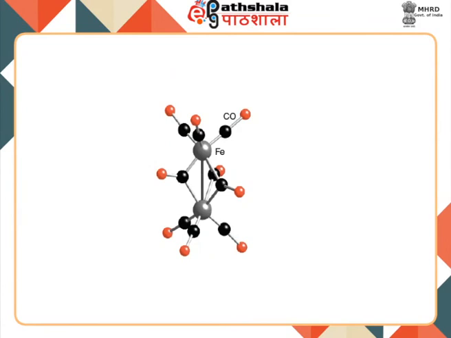And now we can look at the structure and understand how we have seen the formation of bonds. This and this, these are the 2 iron atoms, and you can see that this is the bond between the 2 iron atoms, which is the sigma bond. And then if we look at the bridging carbonyls, this and this, these are the 3 bridging carbonyls.